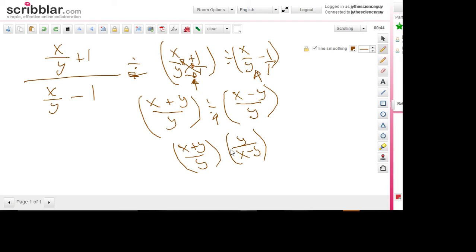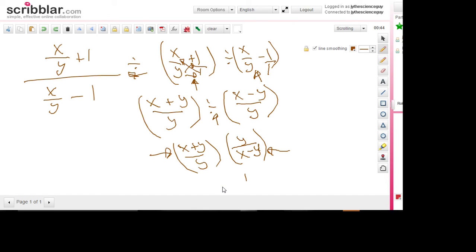So the x plus y and the x minus y cancel out. They don't. Do you know why they don't cancel out? Are they exactly the same? I guess not. Read it out loud: x plus y. Is that the exact same words as x minus y?